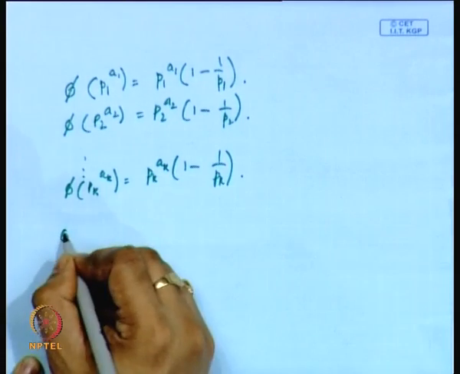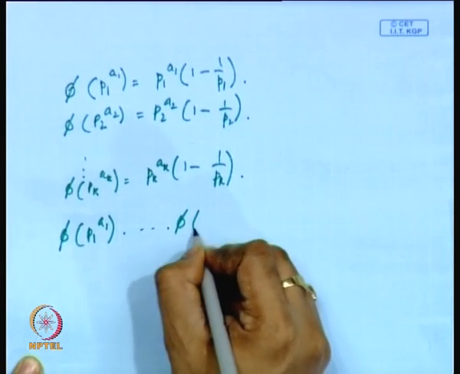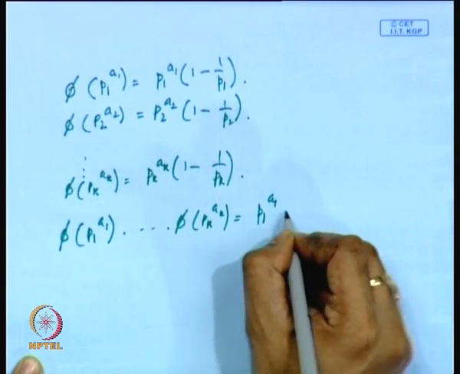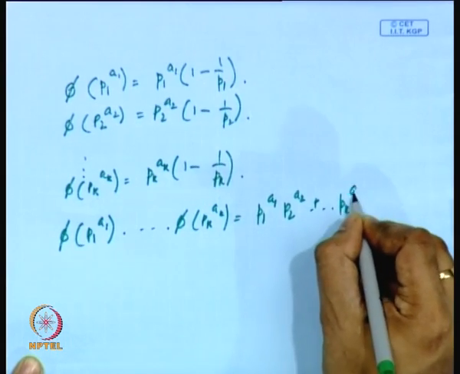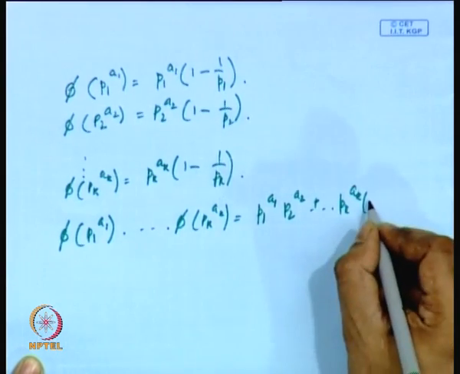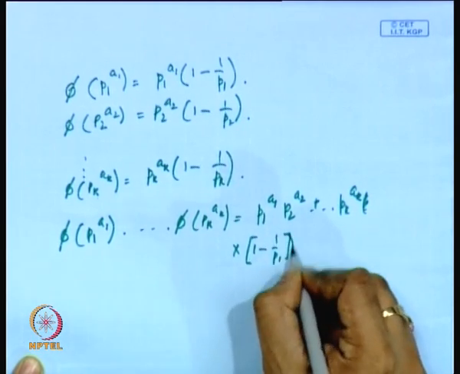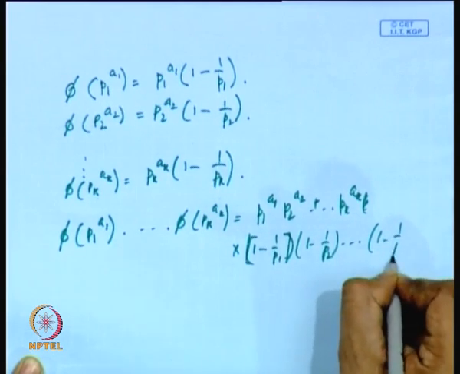Now if you multiply phi of p1 to the power of a1 till phi of pk to the power of ak, what you get is p1 to the power of a1 multiplied by p2 to the power of a2 and so on till pk to the power of ak, multiplied by 1 minus 1 by p1, 1 minus 1 by p2 and so on till 1 minus 1 by pk.